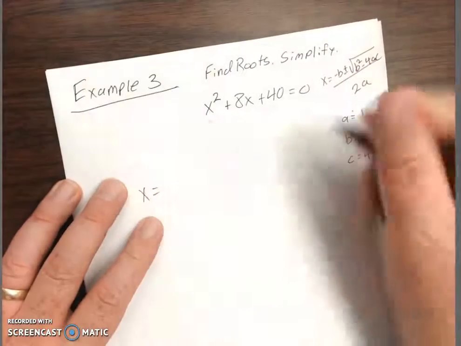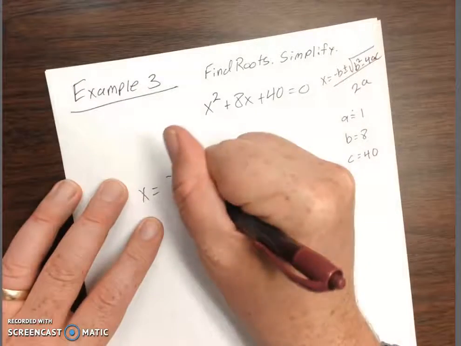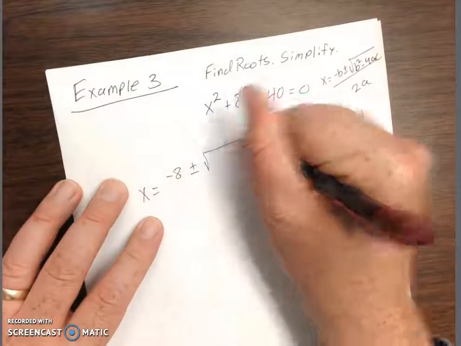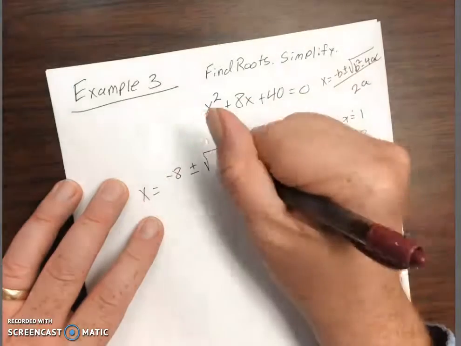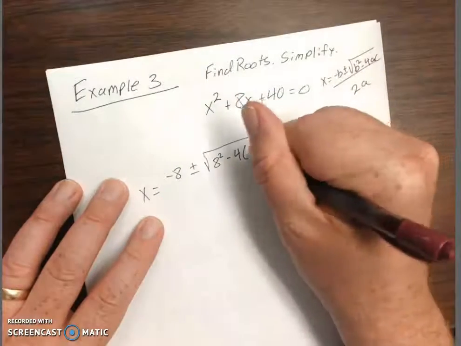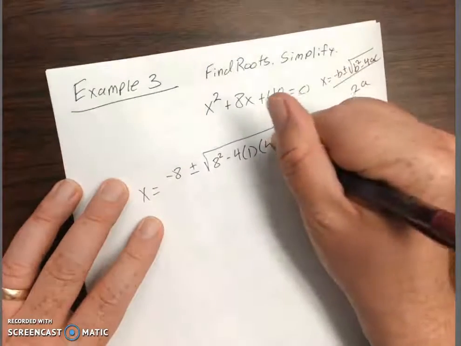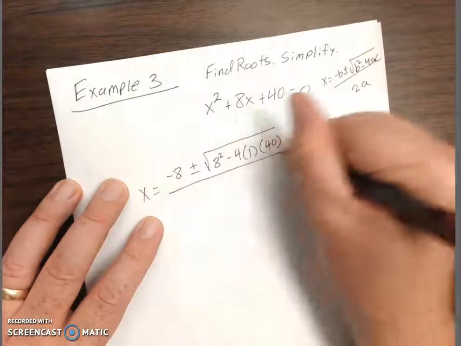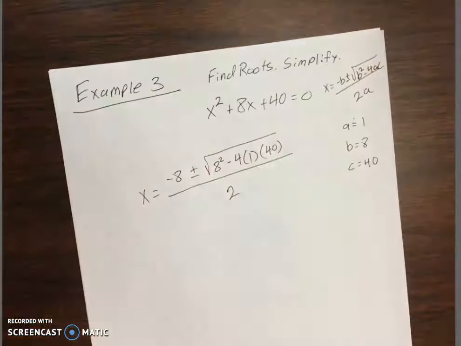X equals minus b plus or minus the square root of b squared minus 4 times a times c, and that's all over 2 times a. 2 times a is 2.